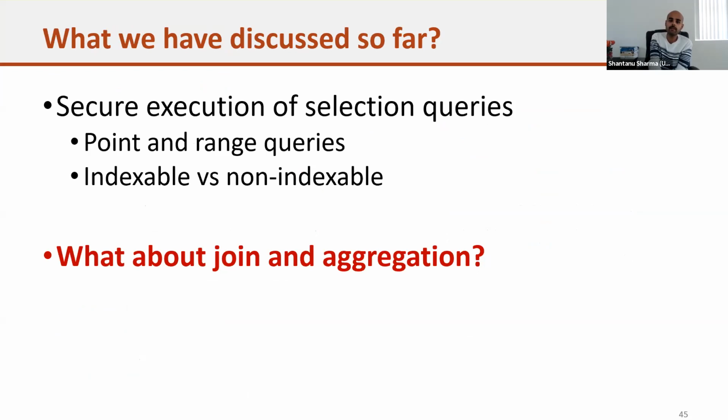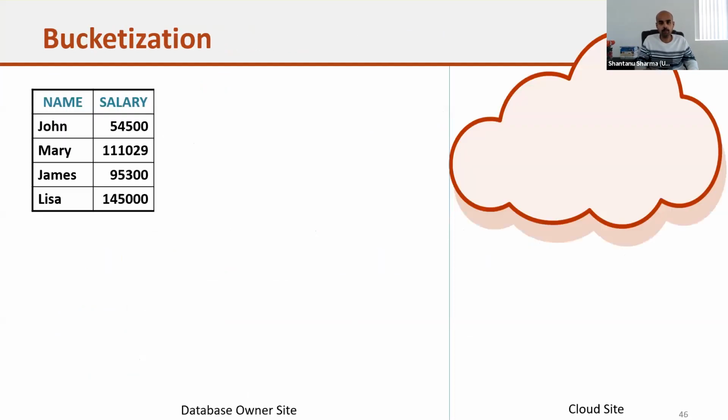Okay, so we discussed two things: point query execution and range query execution. And we saw how we can do these queries in an indexable manner and a non-indexable manner. But now what about joins and other aggregation queries? First, this is a very old paper by Sharad. They create buckets.